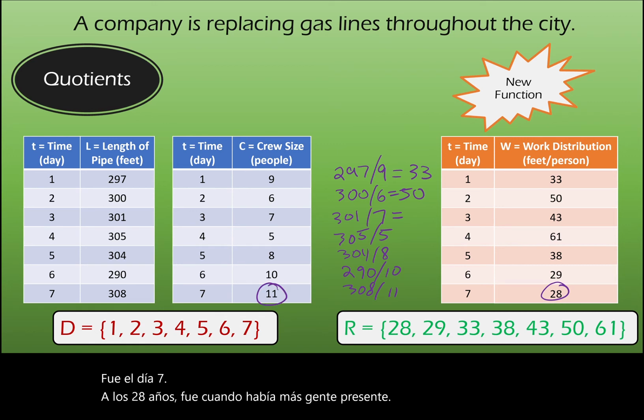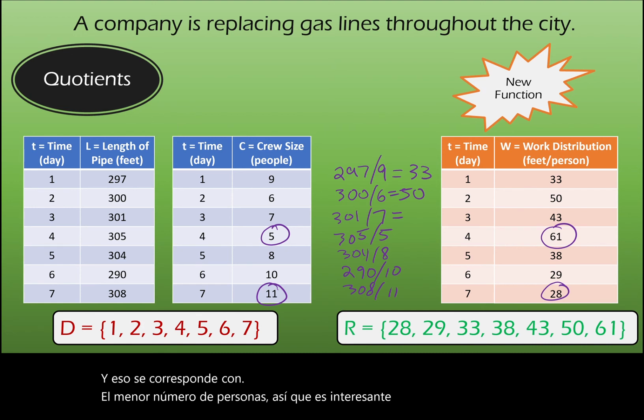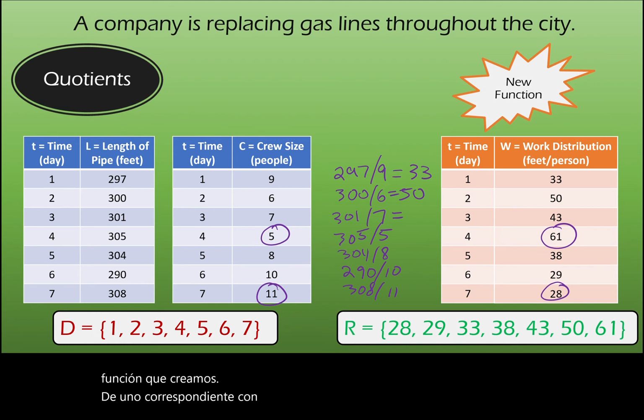The most amount of work was done on day 4 per person, and that corresponds with the fewest number of people. So it's interesting how in the new function that we created, the maximum of one corresponded with the minimum of the other, and vice versa.